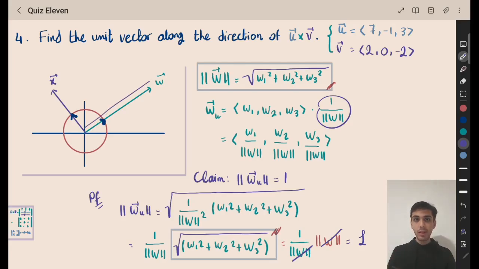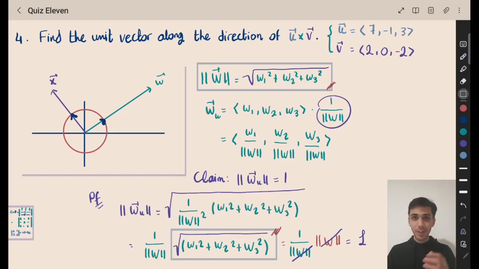We divide by this length, we get 1. So now it has length 1. It's like if it has length 5, and I now divide by 5, I get the vector of length 1. It won't get 0, but it will get the vector of length 1. So this is also a very layman's terms way of explaining it.